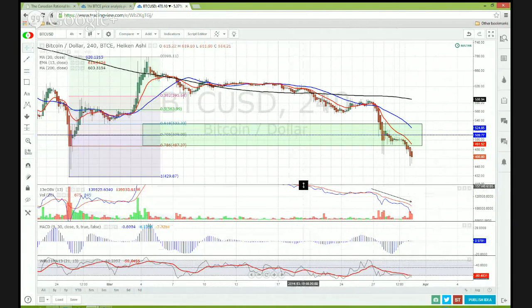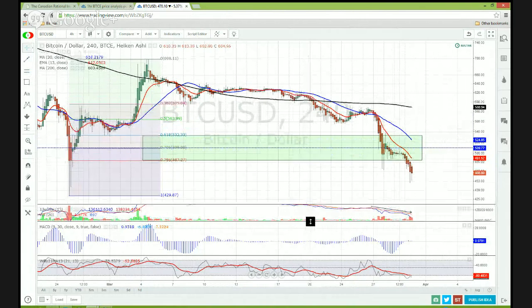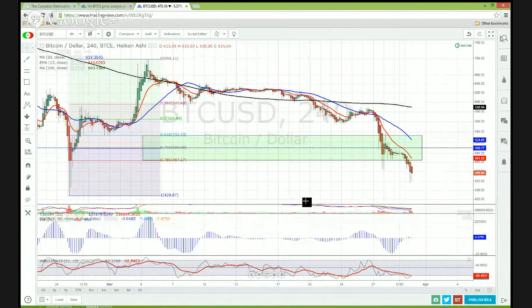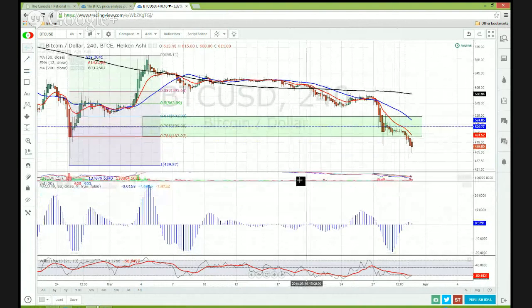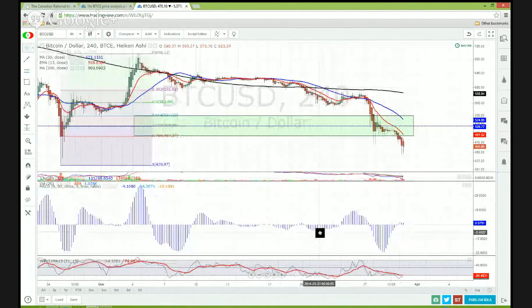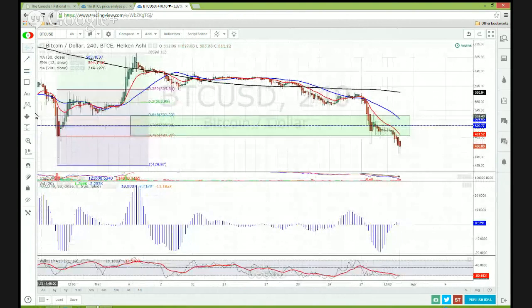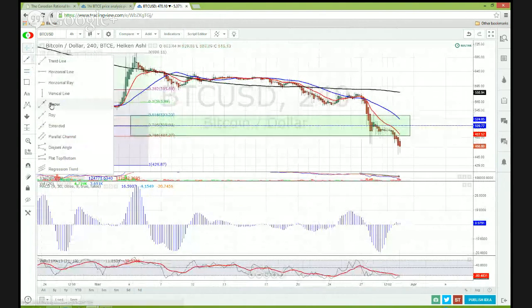If we look at momentum, we'll first start with my MACD study. This is just a pure raw reading of momentum.